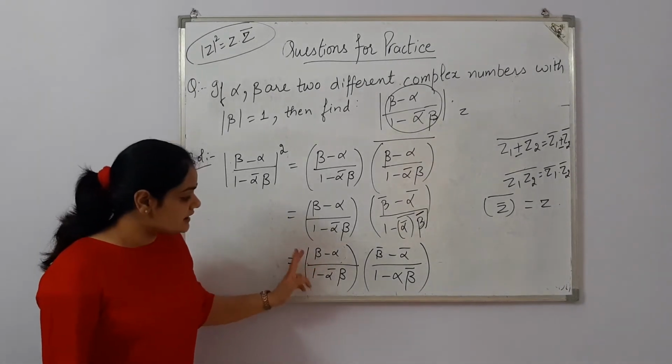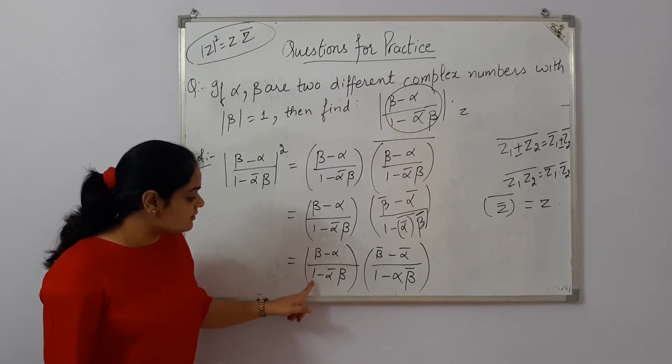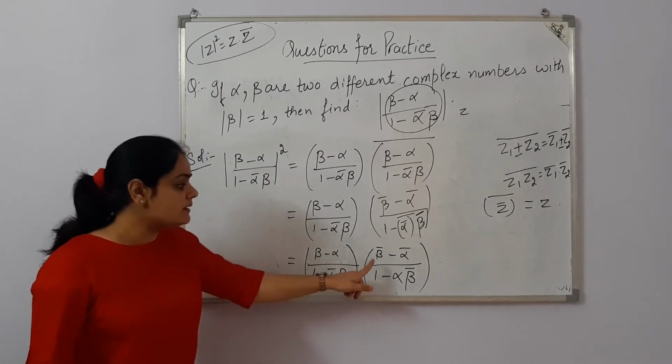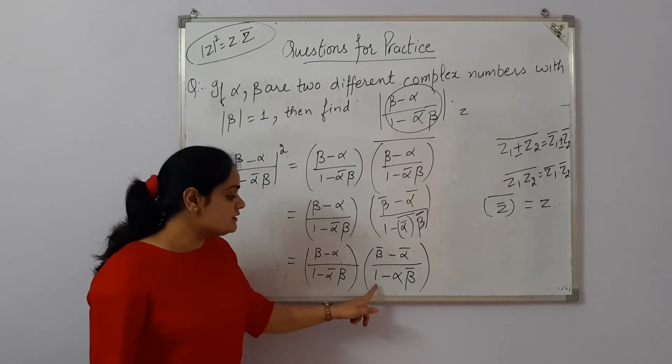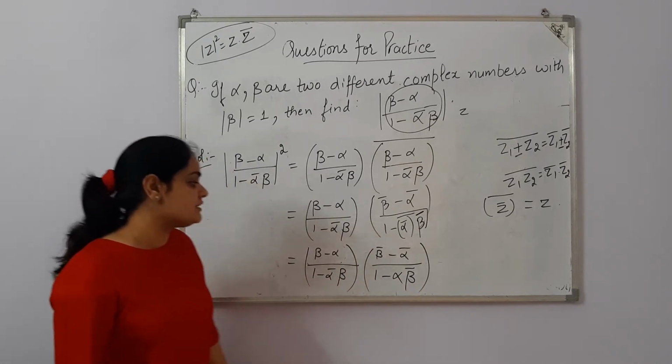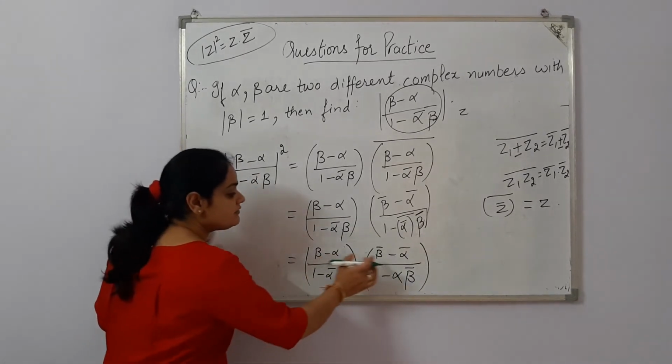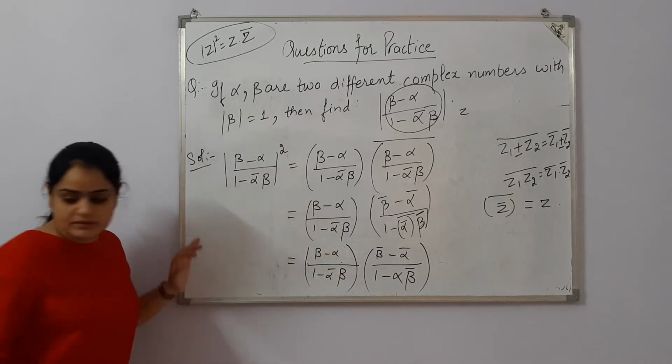So now the step is beta minus alpha upon 1 minus alpha conjugate beta equals beta conjugate minus alpha conjugate upon 1 minus alpha beta conjugate. Now we'll multiply numerator with numerator and denominator with denominator.